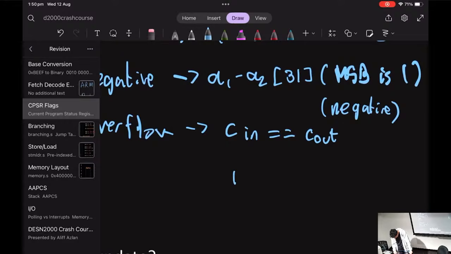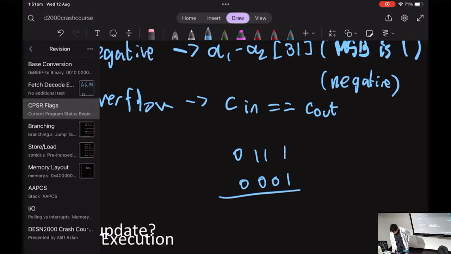Let's say, for example, we have 1, 1, 1, 0, 1 plus 0, 1, 1. Hold on, let's not add those two numbers together. Okay, let's do this.